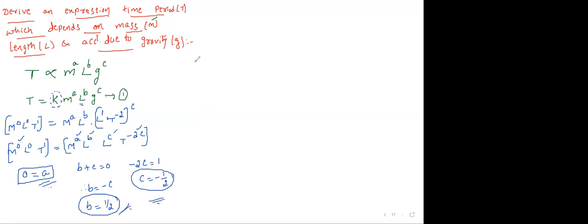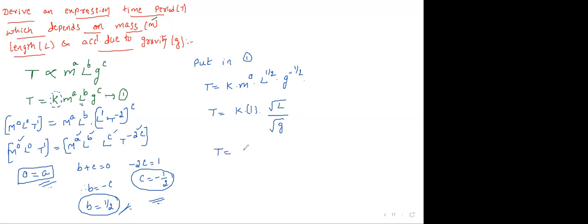You can substitute this in equation 1, students. Put it in equation 1. So T is equal to K, M power 0, L power 1 by 2, G power minus 1 by 2. M power 0 is 1, L power 1 by 2 can be taken as root L, G power minus 1 by 2 can be taken as 1 by root G in the denominator.